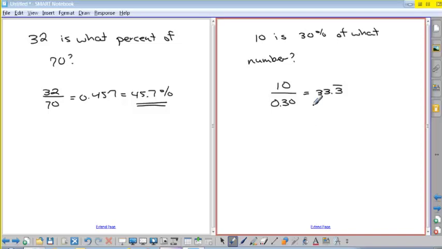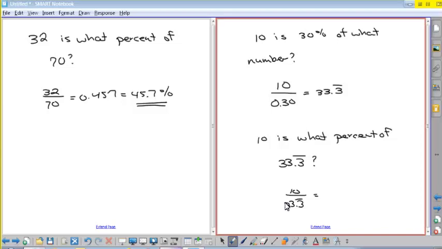So that 10 is 30% of 33.3. If you go the other direction, so if we said 10 is what percent of 33.3, then we would take 10 divided by 33.3.